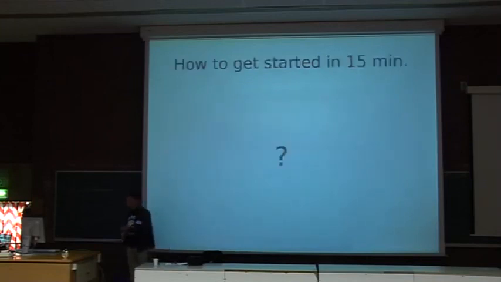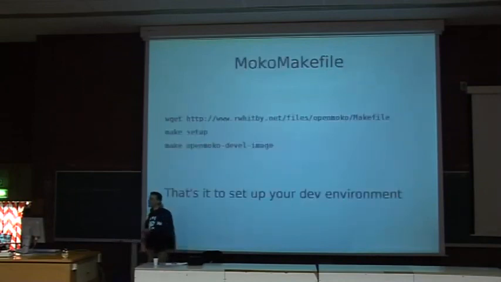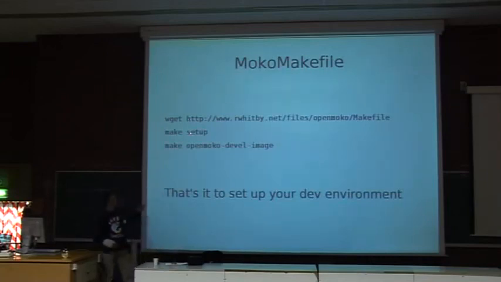Next, how to get started in 15 minutes, well, once you have done the 8 hours. So here I have that written. You get the Moko Makefile, run make setup, and get more than one cup of coffee, because it now takes 8 hours, or maybe even 10, 12 hours, but it works. It works absolutely well.